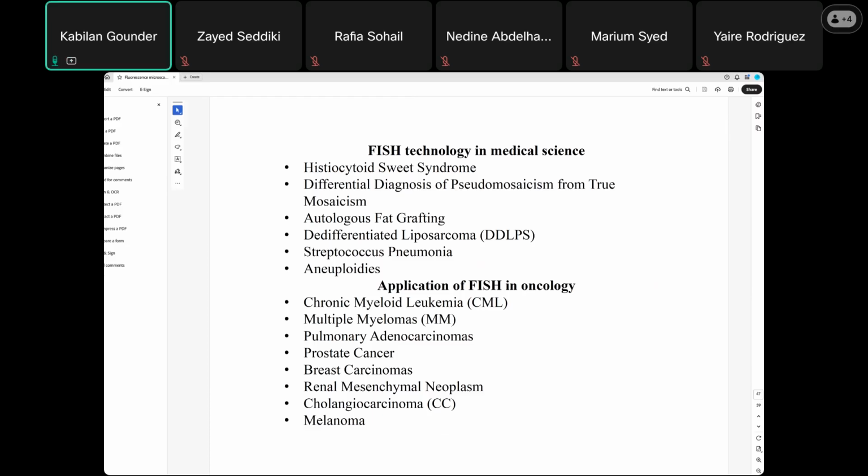Also, the application of FISH in oncology: CML, MM, pulmonary adenocarcinomas, prostate cancer, breast carcinomas, many cancer types. There are so many publications, so much value we get from this technique.